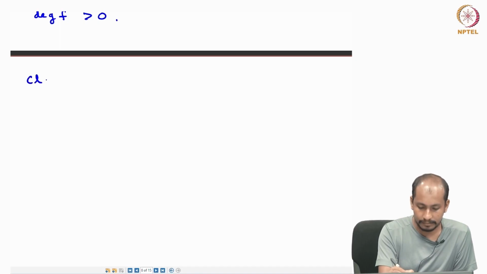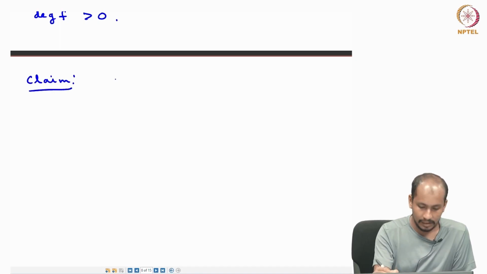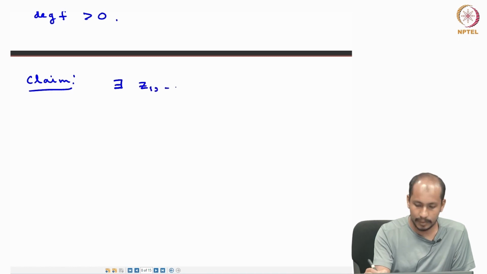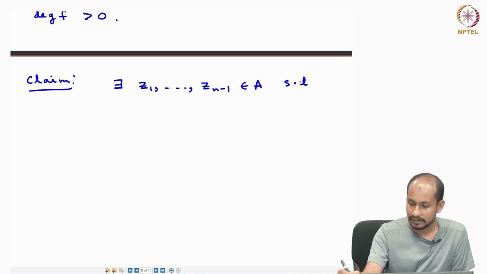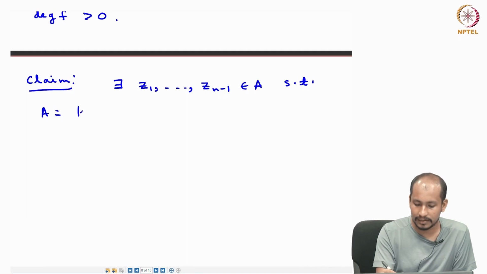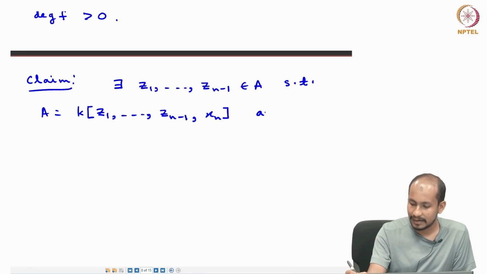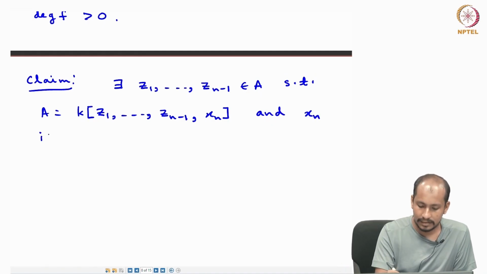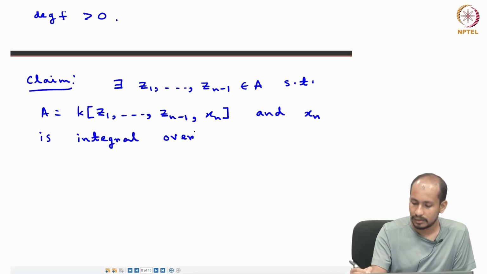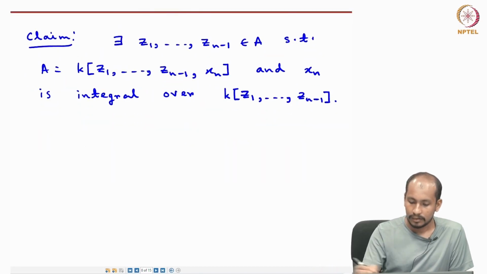Now, a claim. There exist some elements z1 up to zn minus 1 inside A such that A we can write as the K algebra generated by z1 up to zn minus 1 and xn, and xn is integral over this K algebra K[z1 up to zn minus 1].